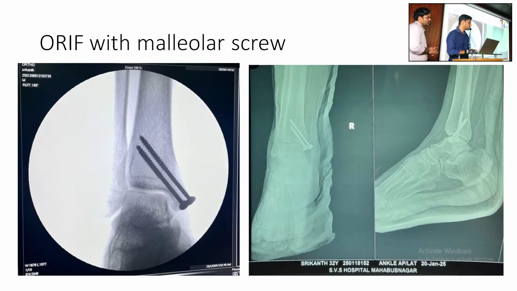How does it produce compression? It creates distraction along with it. The smooth portion and the threaded portion of the screw are different.